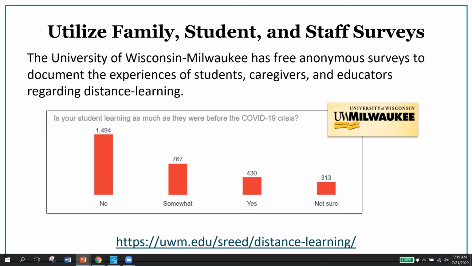Districts can complete a form that allows them to distribute surveys to their stakeholders and receive weekly summaries of the responses. Student and family surveys also have Spanish, Chinese, and Hmong versions available. The use of data from these surveys will help district and school leaders to ensure that their stakeholders' voices are being heard as they plan for the upcoming school year.